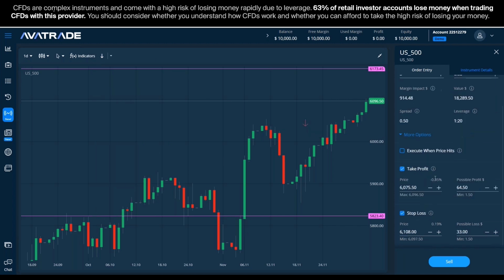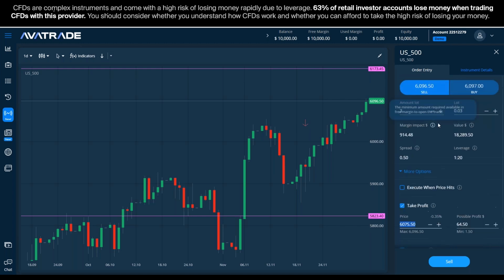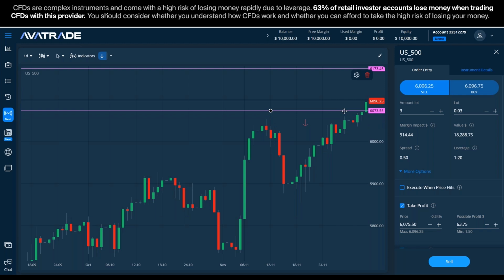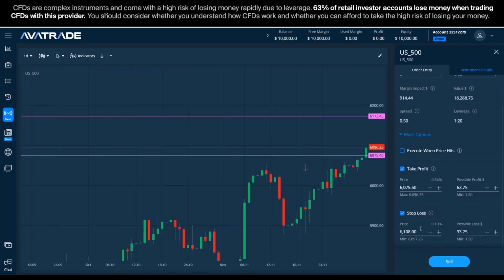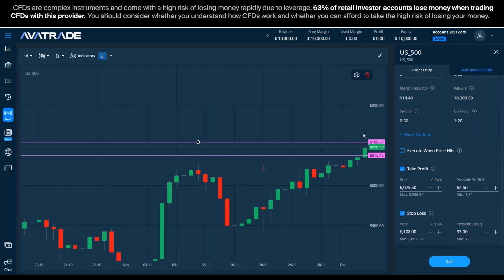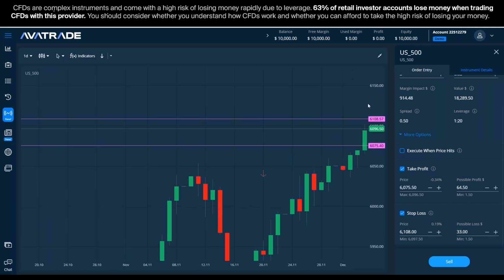So if we're looking down and we see that the targeted price is something here, again doesn't make sense. We are with the sell, so it needs to be lower. That makes more sense. 108, okay, that makes much more sense.